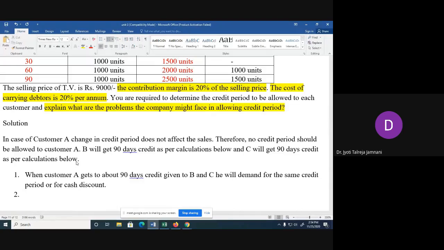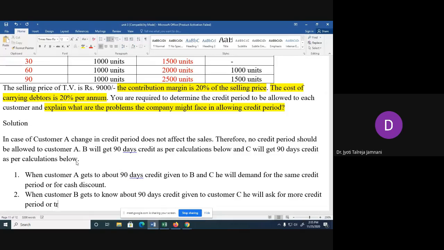The second problem is when customer B gets to know about 90 days credit given to customer C, he will ask for more credit period or trade discount as he is buying in bulk.